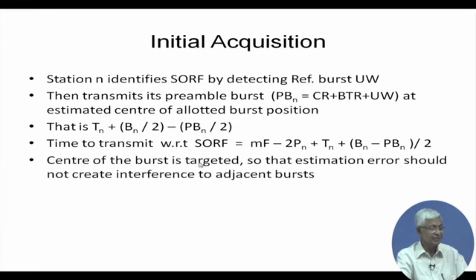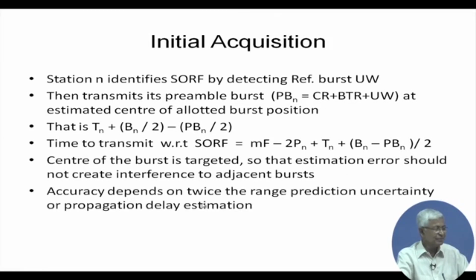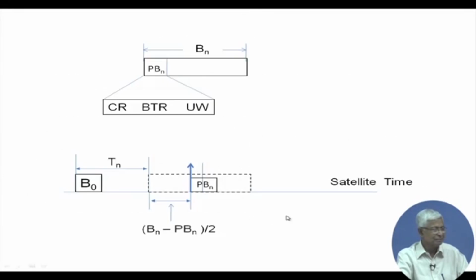The center of the burst is targeted so that an estimation error should not create interference to the adjacent burst. The accuracy depends on twice the range prediction uncertainty, that is 2 Pn, the uncertainty of the propagation delay estimation. There is some estimate or information available, and whatever error there is, is based on that.